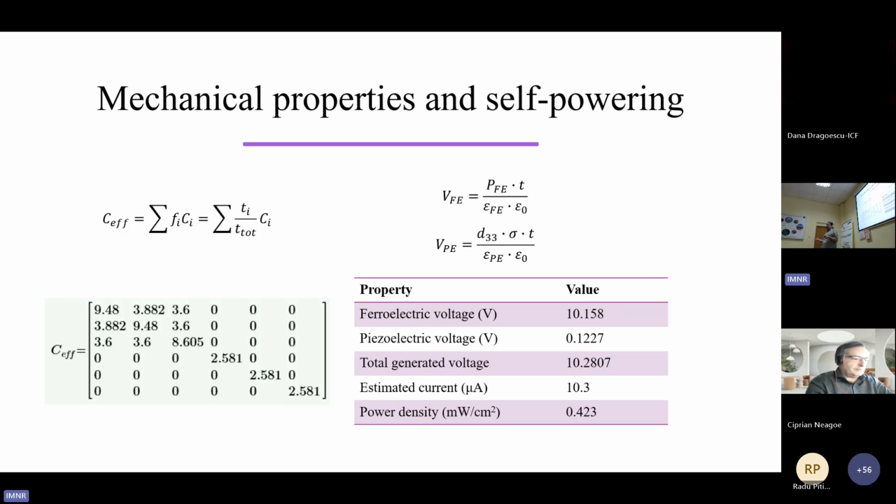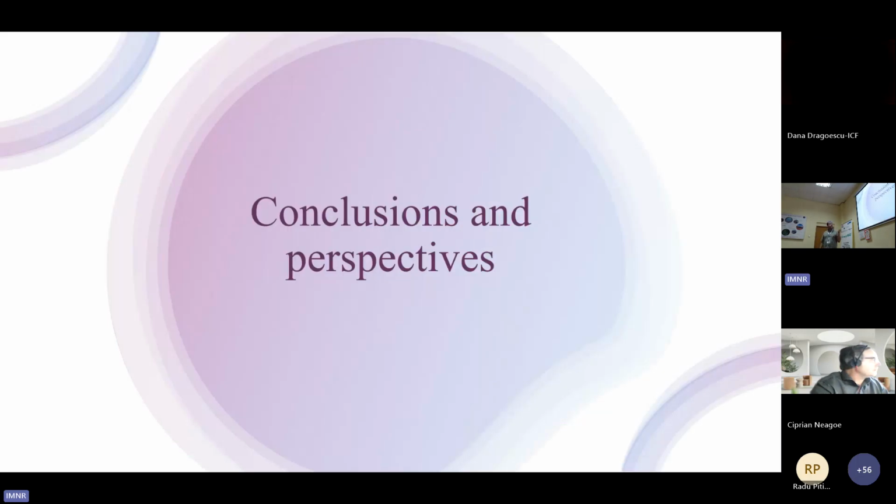That means that we need less current to operate the electrical parts of the detector.